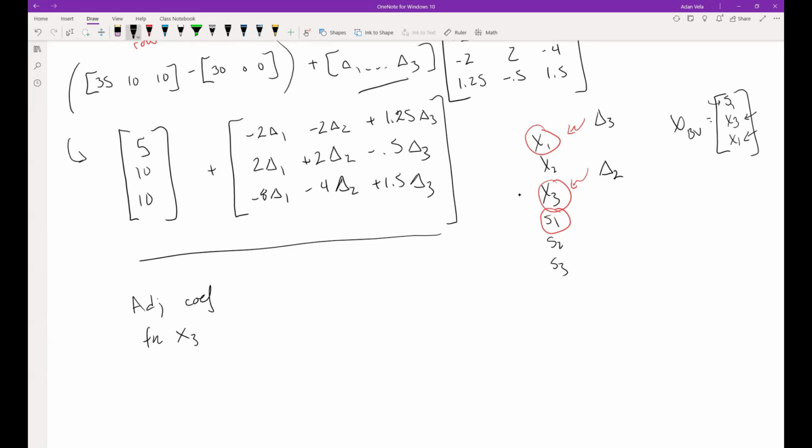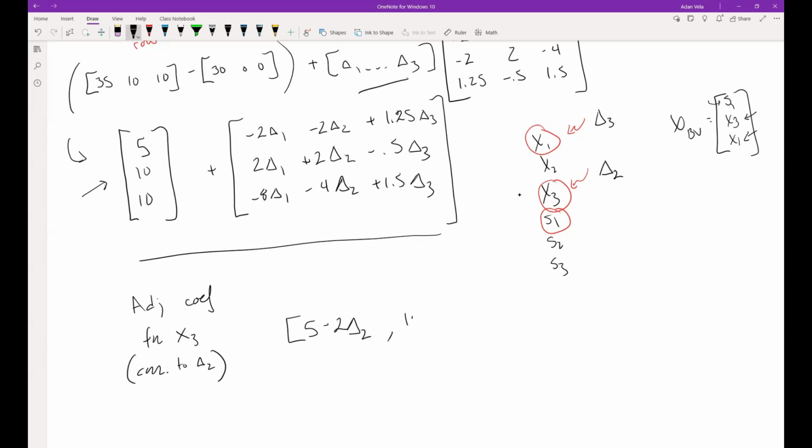Okay, so that corresponds to delta 2. And what we want to do is assume delta 1 and delta 3 are 0. If we do that and we pick out these equations, we're going to end up with 5 minus 2 delta 2 as one equation.